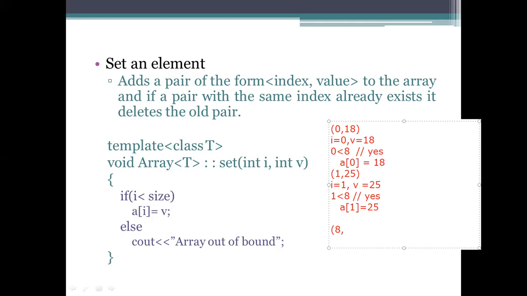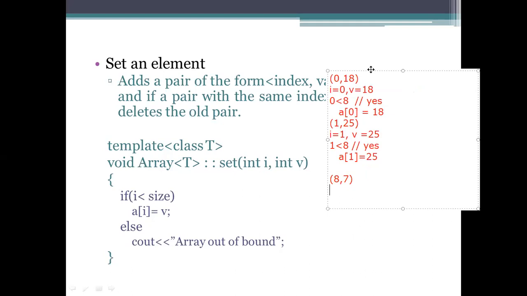Now let it be 8, 7. What is the I value here? I is equal to 8, V is equal to 7. How is it going to process here?